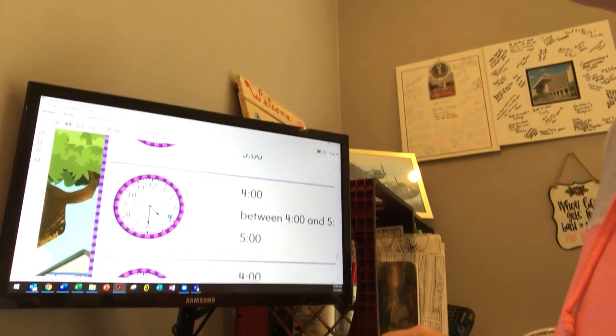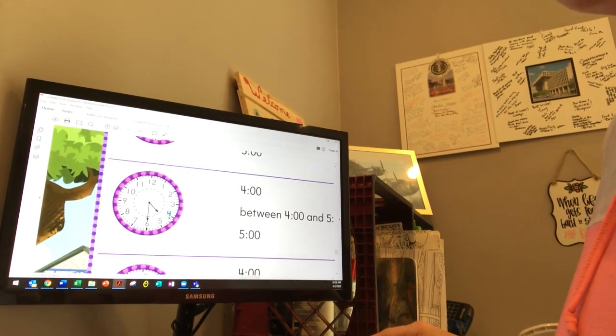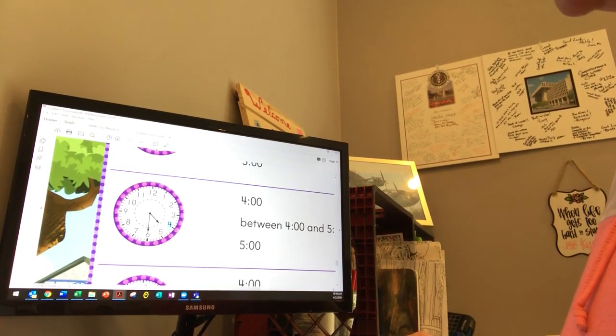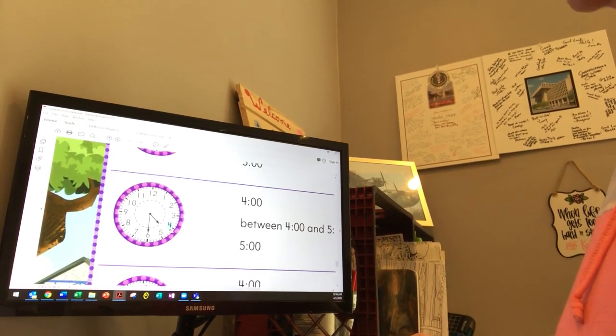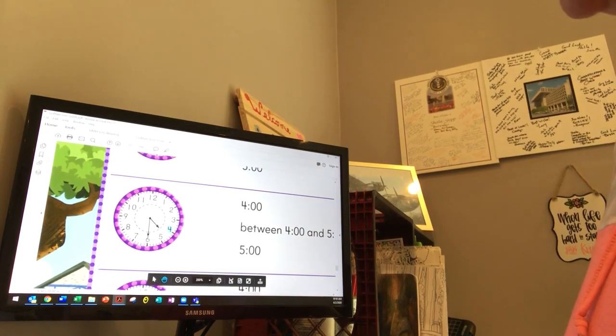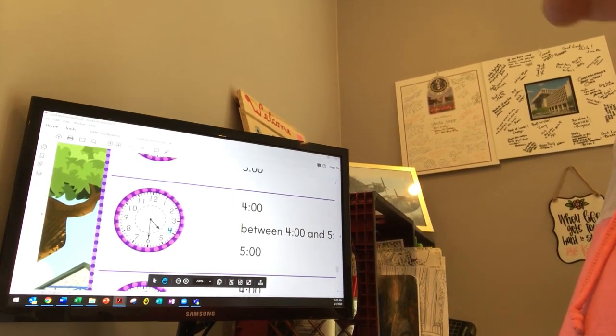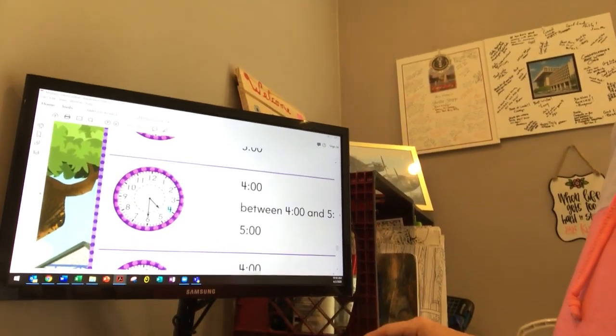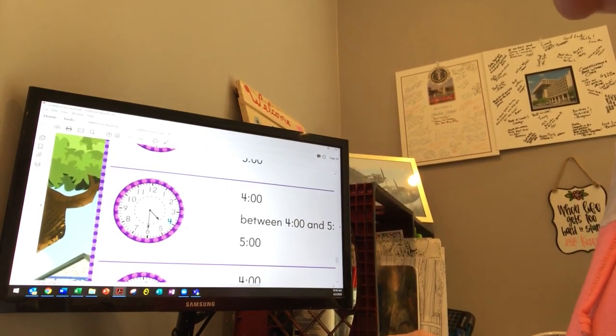That is the number we always refer back to when we're telling time to the half hour. Even though it's in between 4 and 5, you always refer back to the first number that it's in between. And for the half hour, the minute hand will always point to the 6.